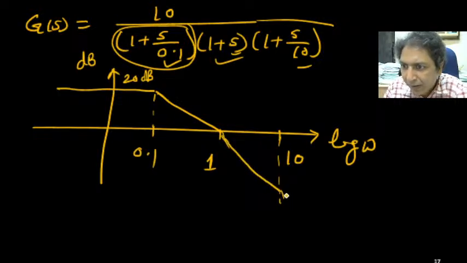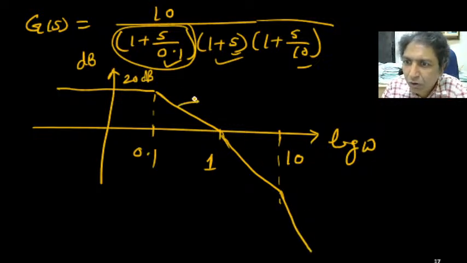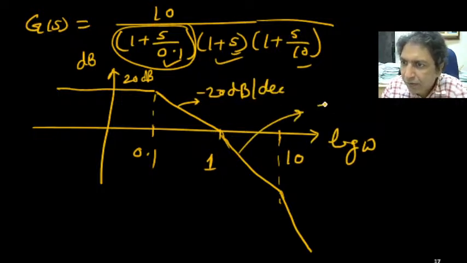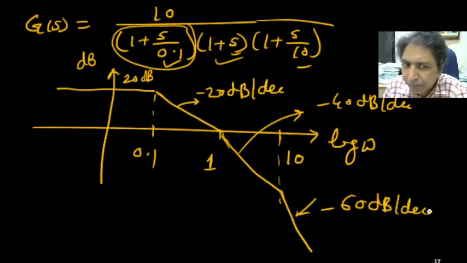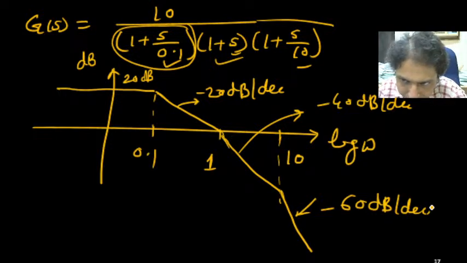And from here minus 60 dB. So the slope is minus 20 dB per decade here, this one is minus 40 dB per decade, and this one is minus 60 dB per decade. Okay.